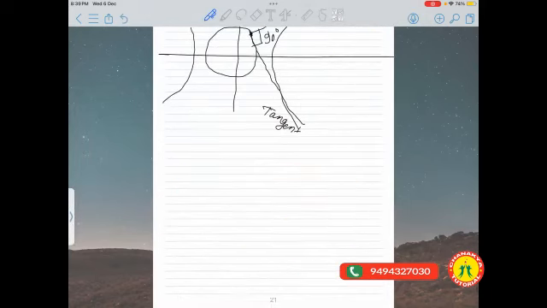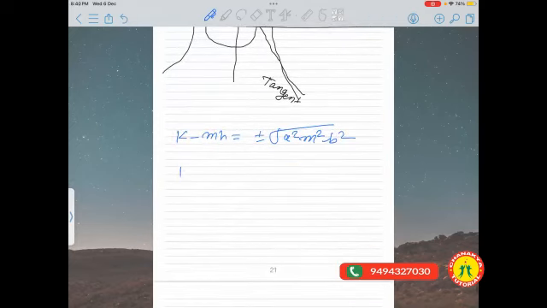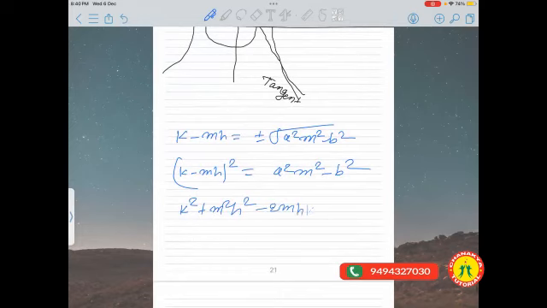So now k minus mh is equal to plus minus root under a square m square minus b square. So squaring both sides, k minus mh whole square is equal to a square m square minus b square. So now we get k square plus m square h square minus 2mhk is equal to a square m square minus b square.